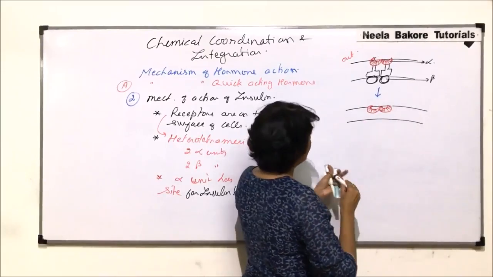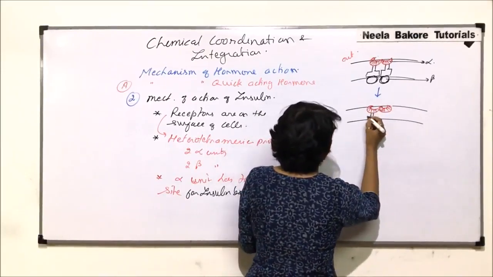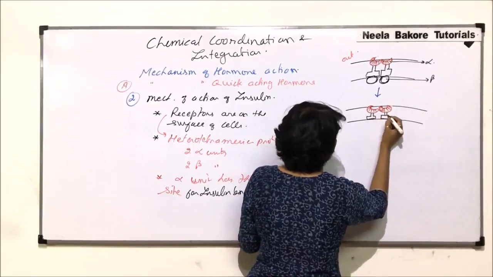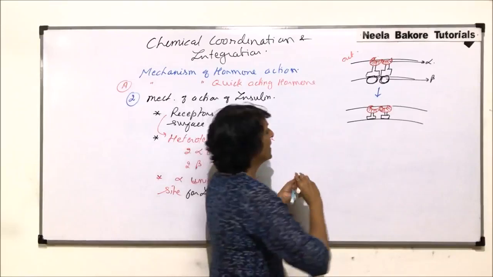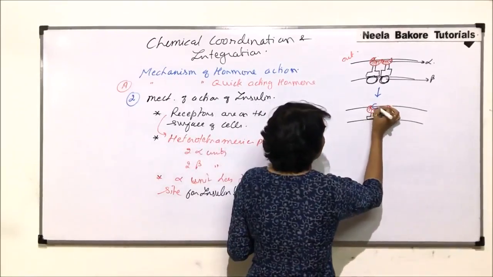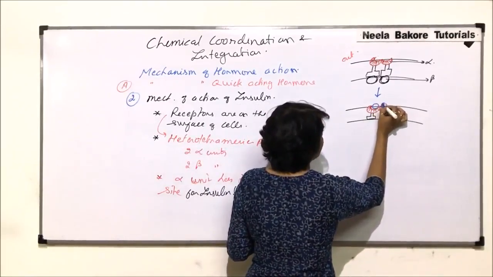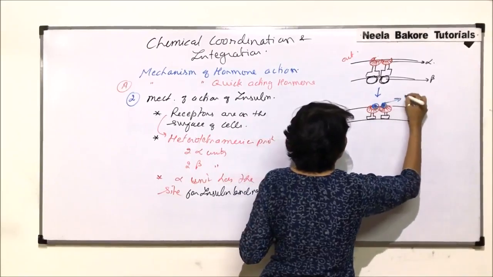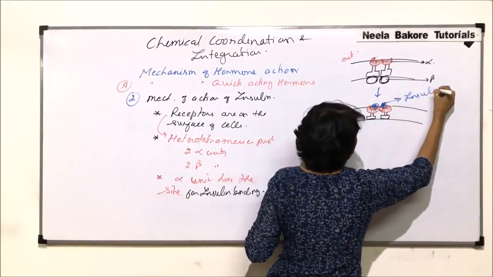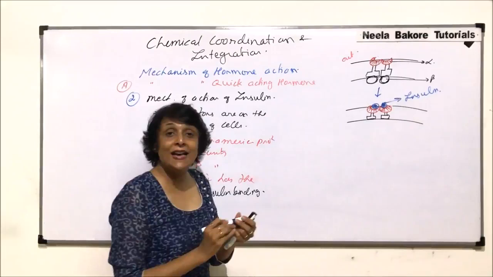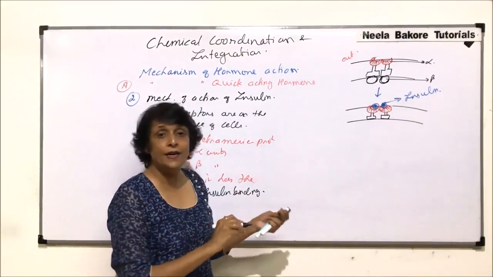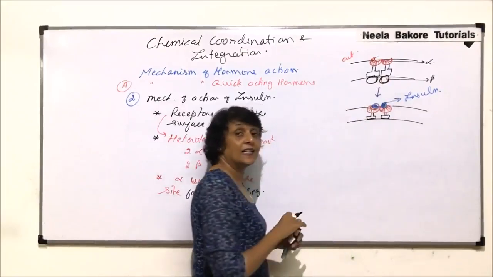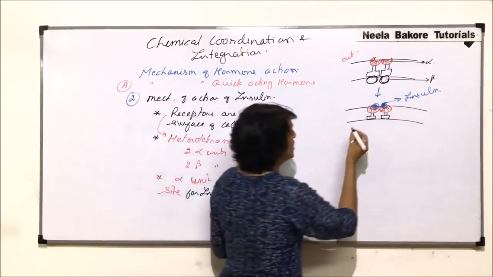And the other part is beta unit. I'm not drawing the beta unit because it is going to undergo some change. Now insulin comes and binds here. So this one is insulin molecule. As soon as insulin binds to the alpha unit, beta unit undergoes a conformational change.